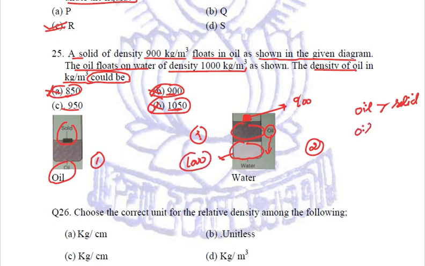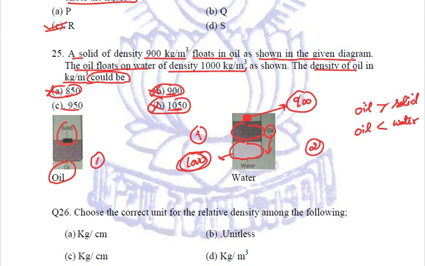If the oil is floating on the surface of water, that means the density of oil is less than that of water. So the density of oil is more than the solid, which is 900 kilogram per meter cube. The density of oil is less than the density of water, which is 1000.